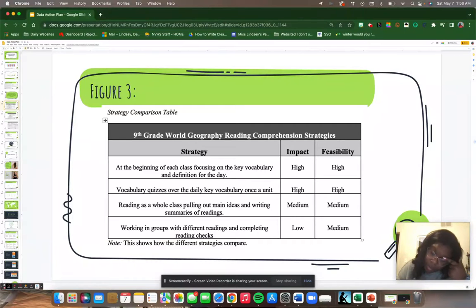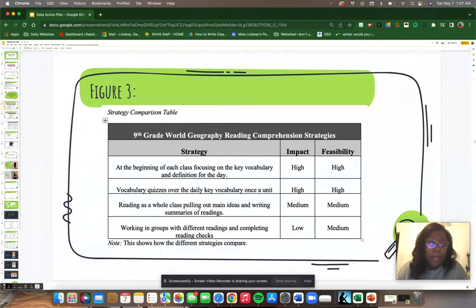So much of the readings that you will see on a unit exam will be based off of a topic that was covered throughout the unit. It won't be a reading that they already read, but it'll have some of the similar characteristics, definitely similar vocabulary as well. So just having the students practice that daily, looking at different vocab and making sure they understand the definitions would be very, very important.